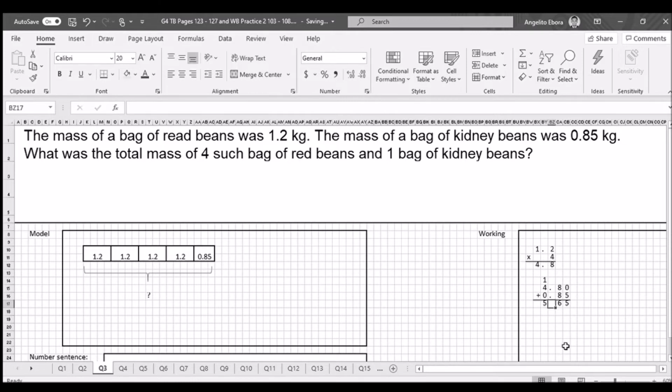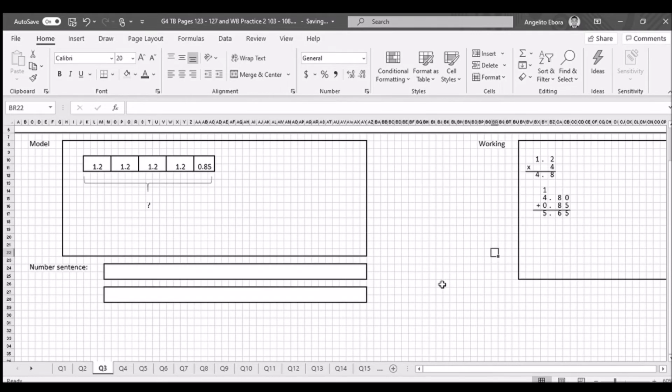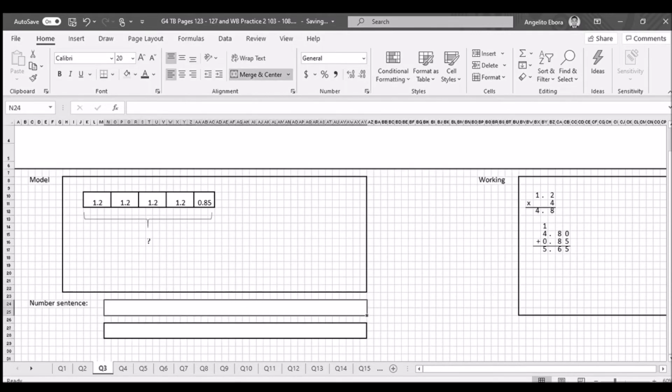Don't forget the decimal. Okay, so our first step is 1.2 multiplied by 4, and the answer is 4.8. Then the second step is 4.8 plus 0.85 is equal to 5.65.